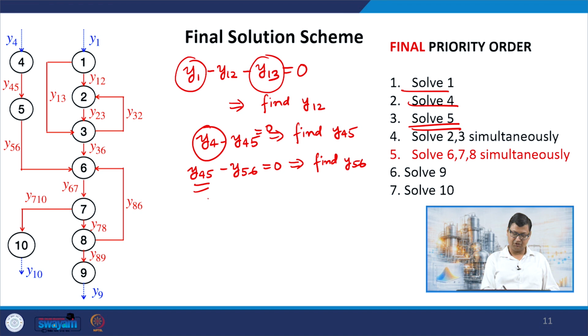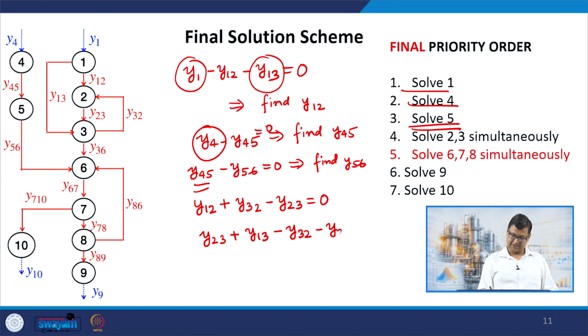So, let us write the balance for 2. For 2, we have y12 plus y32 minus y23, and for 3 we have y23 plus y13 minus y32 minus y36 is equal to 0. y12 is something we have already figured out in the first step.